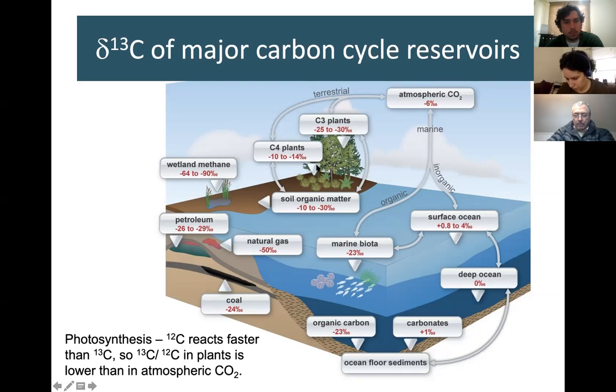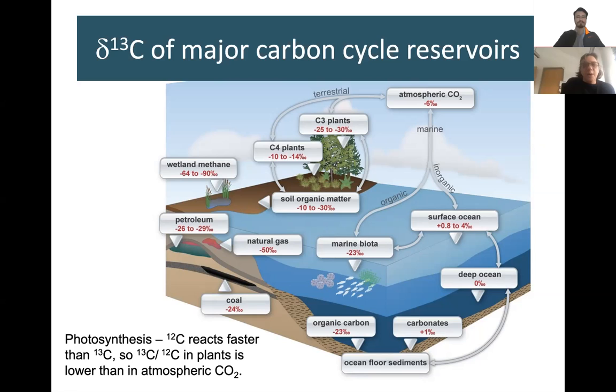And if plant material again gets fractionated, that just means that the organisms are preferentially taking the C12 and making sugars out of it.